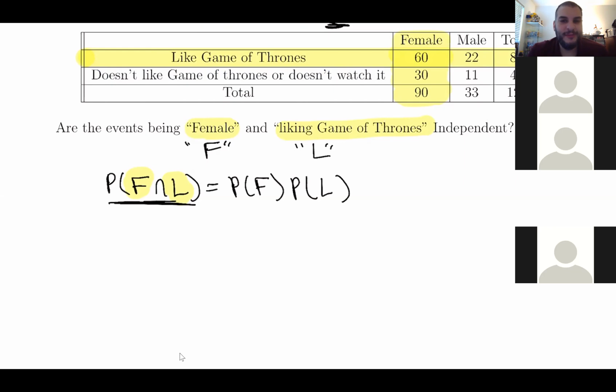The easiest way to figure out how many female we have that like Game of Thrones, if you look at the row and the column that I highlighted, the people that overlap are the people who are female and like Game of Thrones.